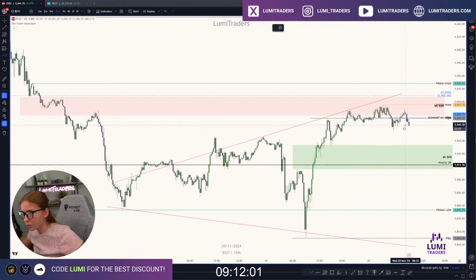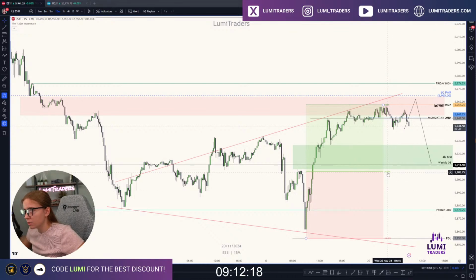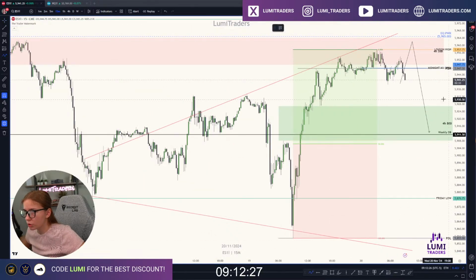For example, it may possibly bounce above London high, but we can easily retrace back down to 50% of this expansion up. So I would like to highlight from this low to the current high, right here. We can retrace back down to this 50%, which also lines up with this fair value gap. I believe the market wants to push us lower right here.